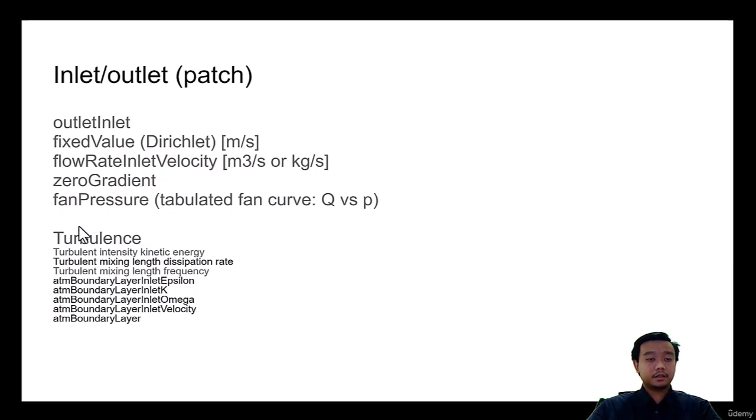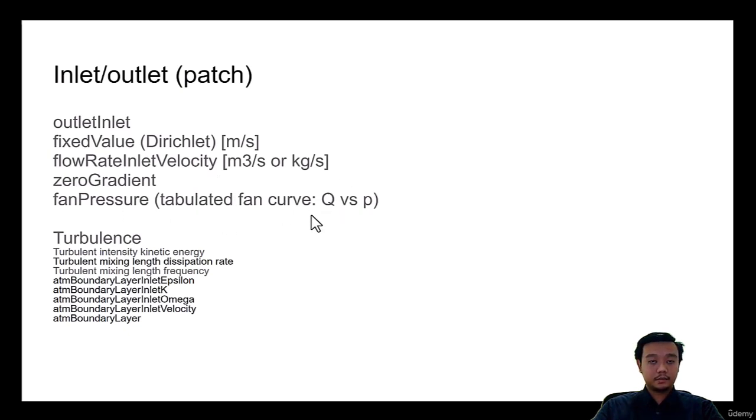One other interesting boundary condition is the fan pressure, where you can input the fan curve using a table of mass flow rate versus pressure drop, or using the head loss, which is always provided by the fan or pump manufacturer.